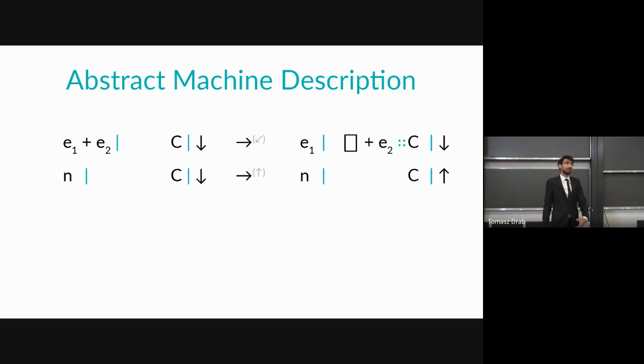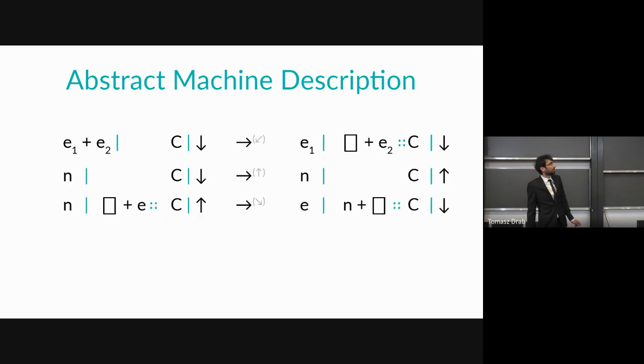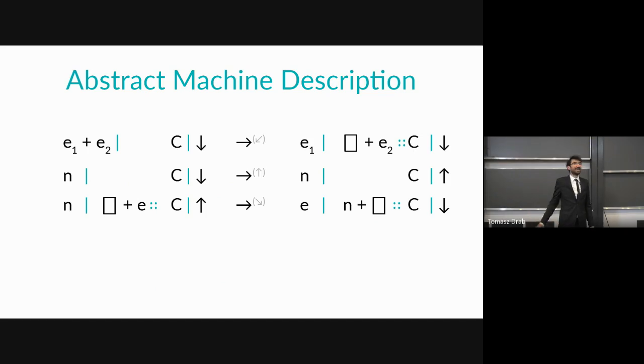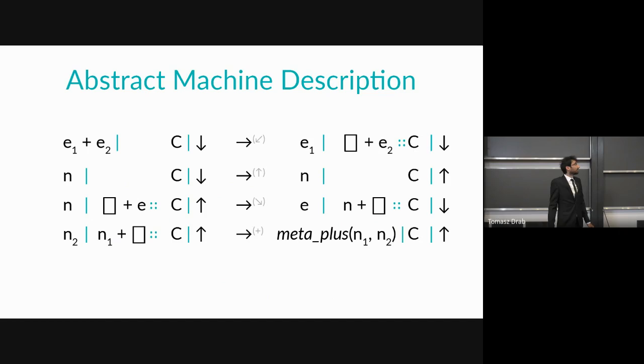In case we reach a number itself, it is a value, so we just switch the tag upwards. And now, in case of recomposition, if we encounter an unevaluated expression on the stack, we switch to its evaluation and put the evaluated frame on the stack as a left frame. And if the left frame is also already evaluated, we perform the addition of the two numbers.